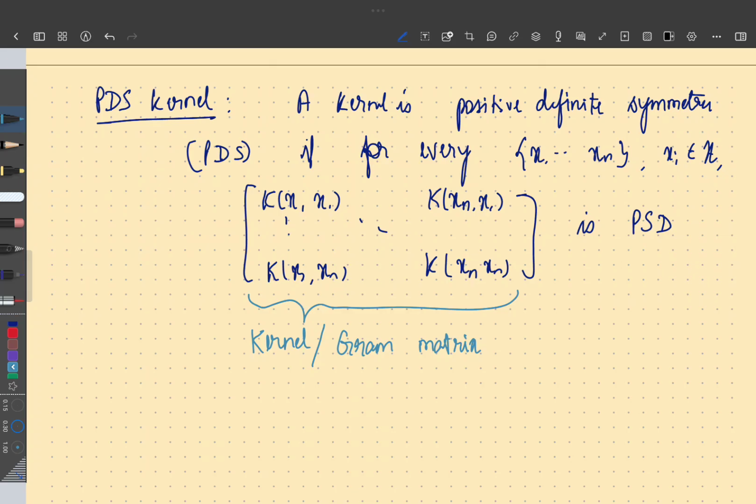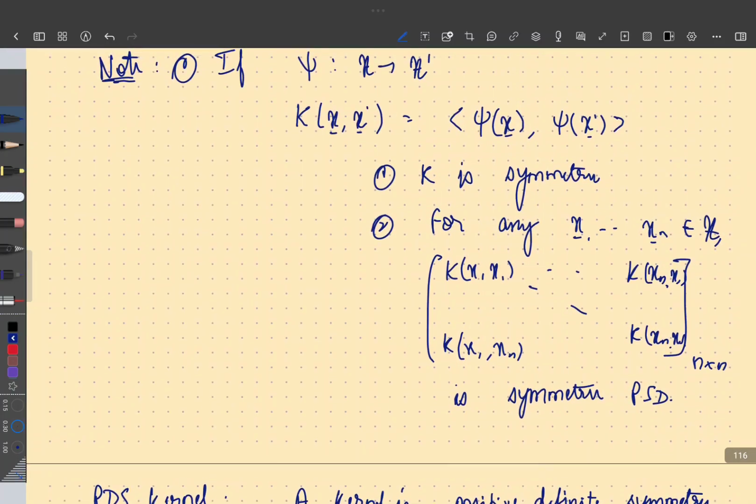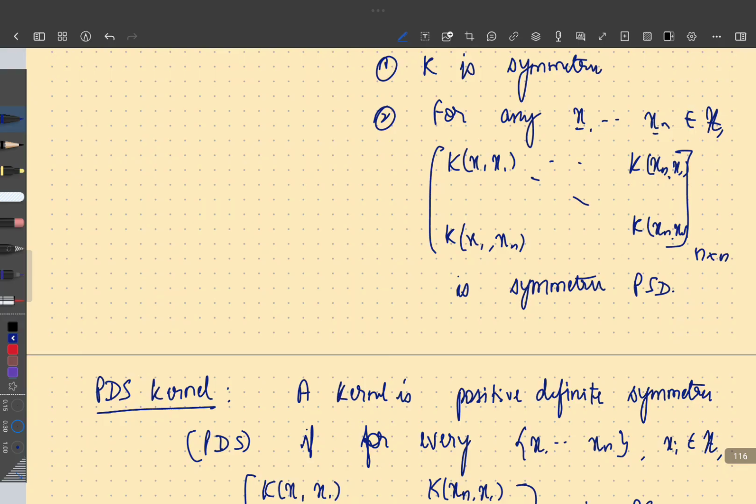But by definition, a kernel does not need to correspond to a valid inner product between embedded points in the feature space. So some K could be an arbitrary mapping, but we want to choose those kernels for which there exists a mapping psi such that this corresponds to an inner product between points in the feature space. When it's an inner product.